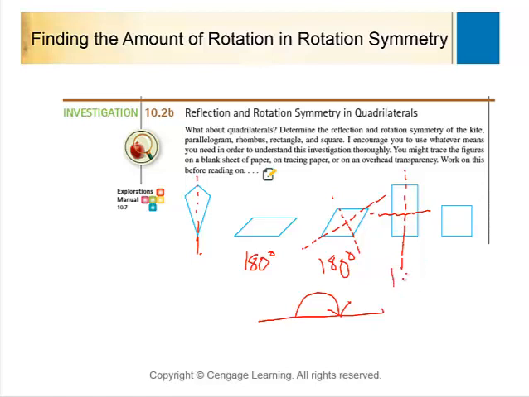He has 180 degree symmetry as well. This guy looks like I could, same as the rectangle, fold him like this. But I could also fold him about the diagonals because he is so symmetric on either side. So that square has a lot of different kinds of symmetry.